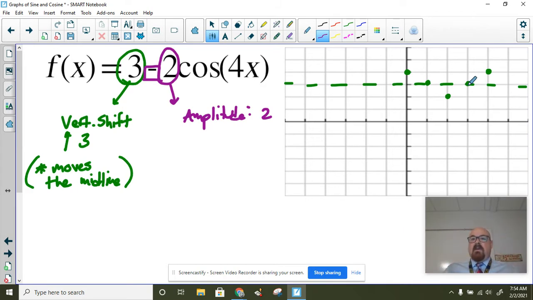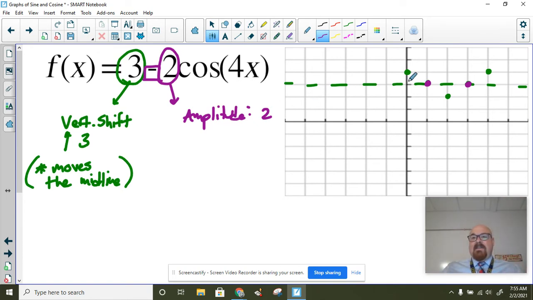Think of it this way. The points that are on the midline actually stay there, okay? The points that are off the midline, think about amplitude. We said it's half of the distance between the max and the min. That's the textbook definition for amplitude. The other definition would be the distance between the midline and the max or the min.